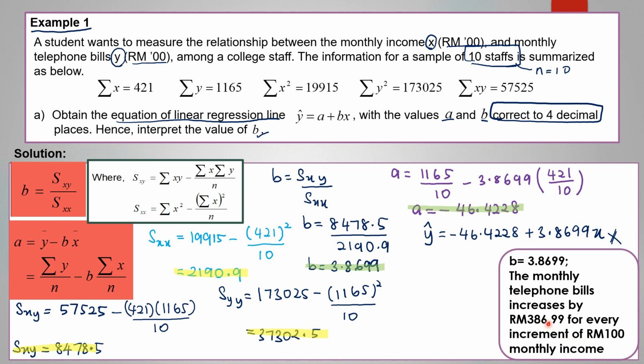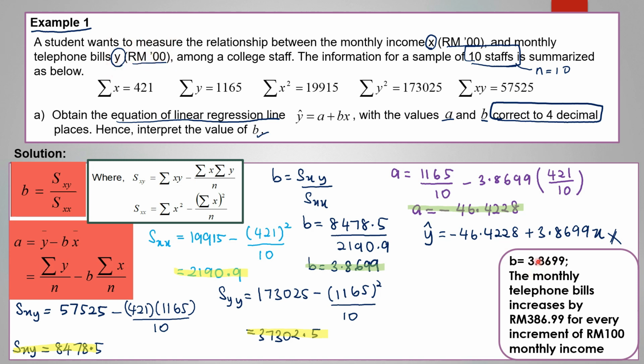So here, what you should know is, you need to times 100, where 3.8699 times 100. Why 100? Because from the statement, we already know the value of y should be written in 100.